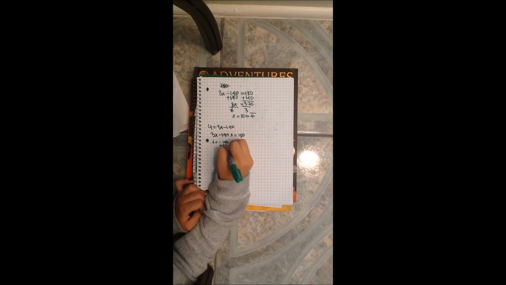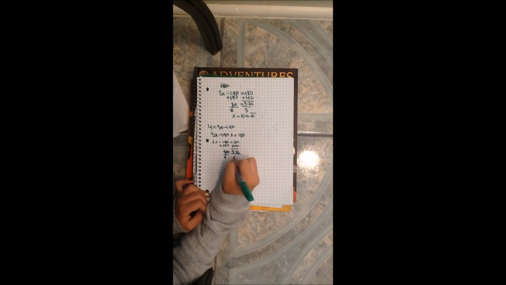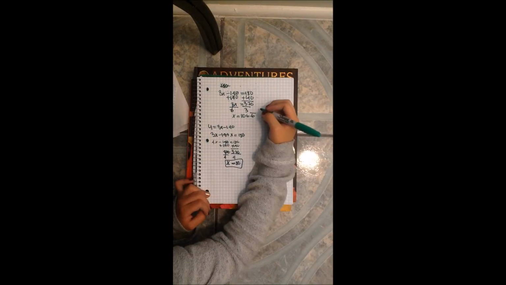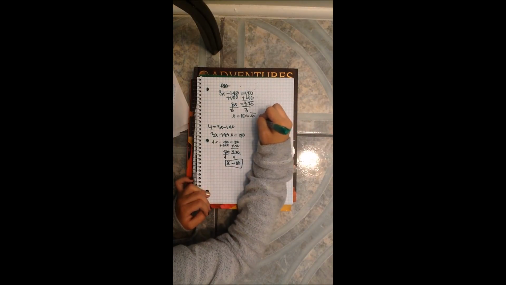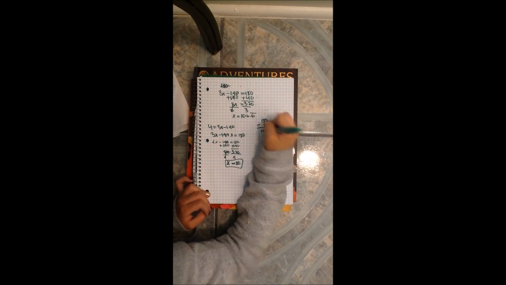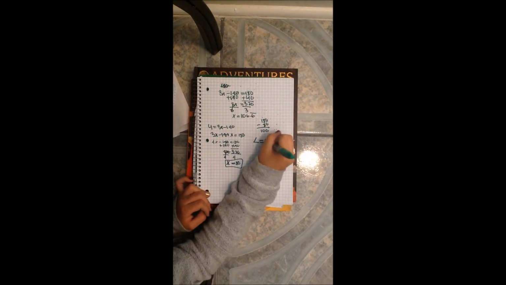So plus 140 plus 140, 320 equals 4x. And divide this by 4, divide this by 4. So 320 divided by 4 is 80. So x equals 80. Now, I have to find the angle, so I'm still not done. I have to subtract 180 minus 80 equals 100, so my angle equals 100.